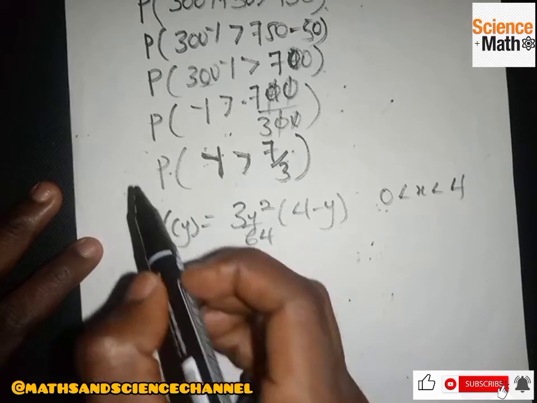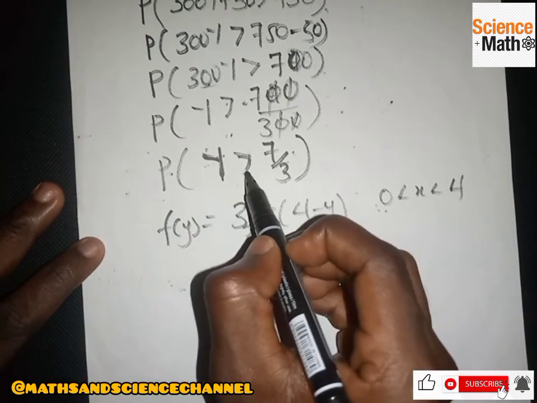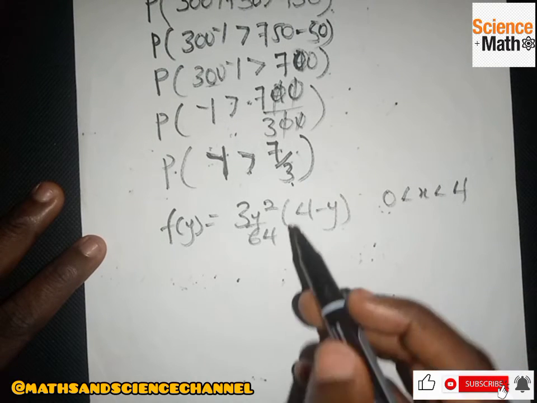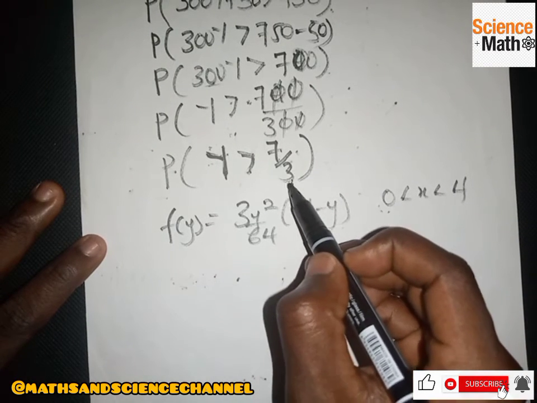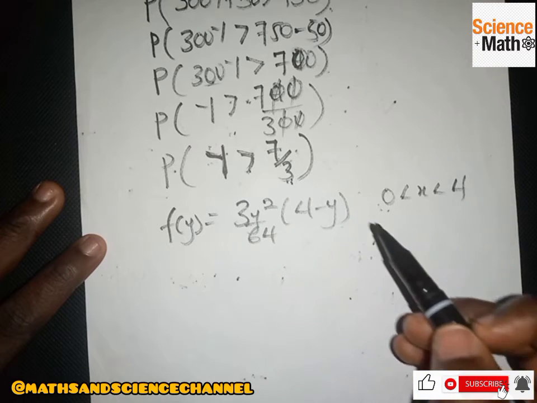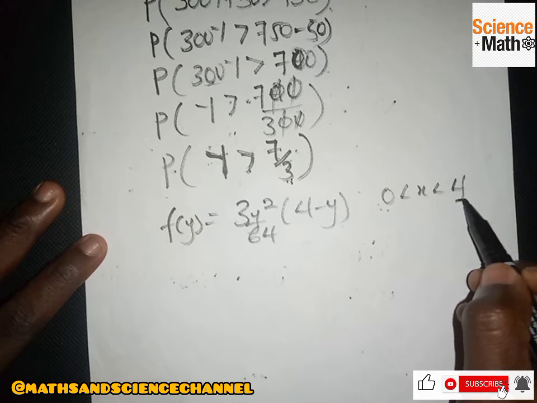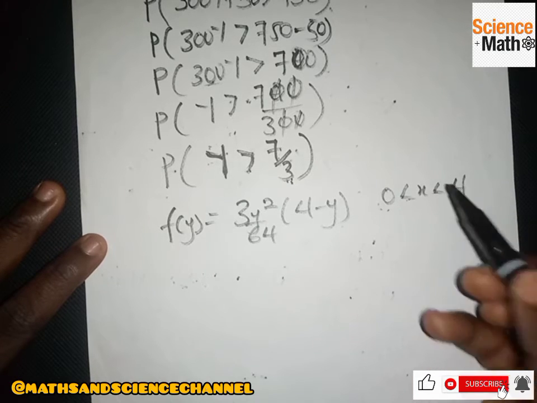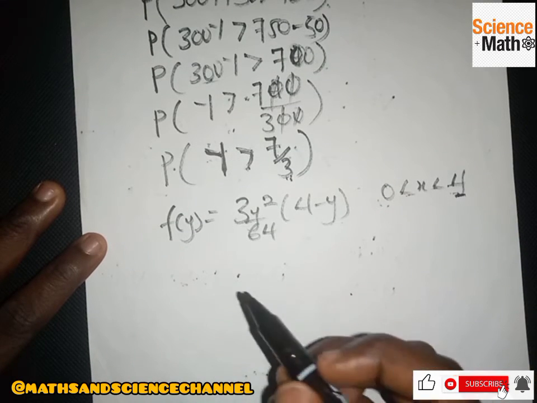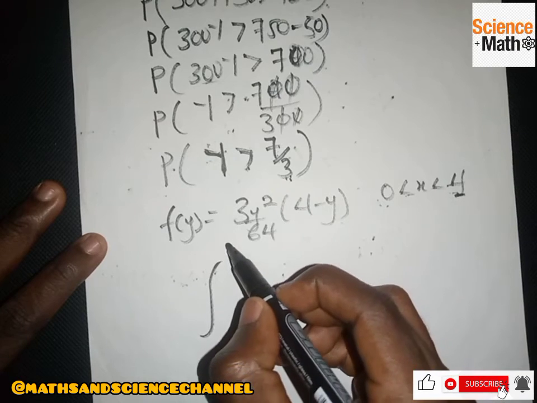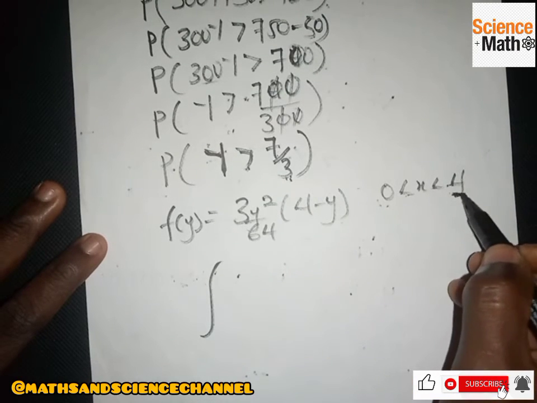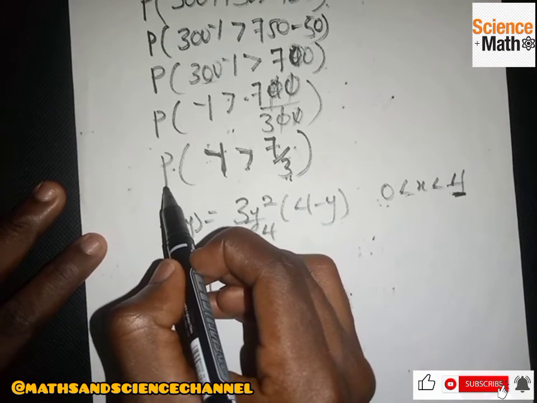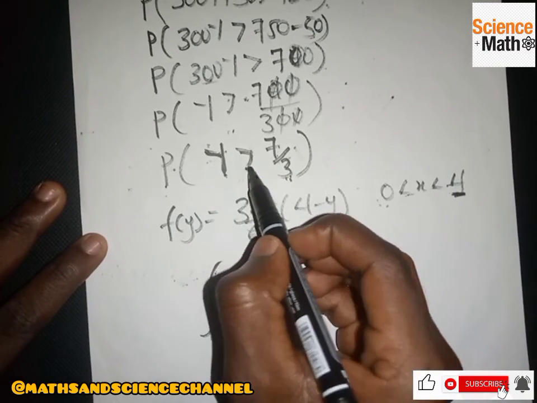Now the question says we should find the probability that y is greater than 7 over 3. So that is what we are going to do now. Remember, 7 over 3 is less than 4, so it is in between that. So now our integral is just going to be from the highest value over here, because the probability is that y is greater than 7/3.